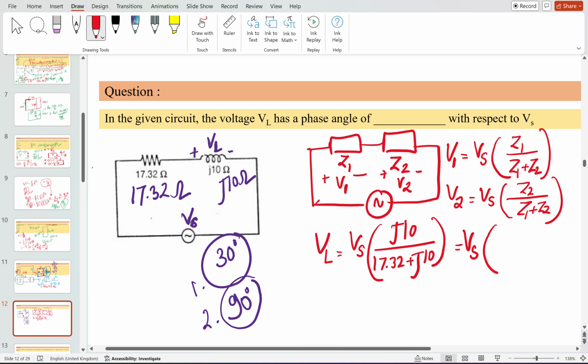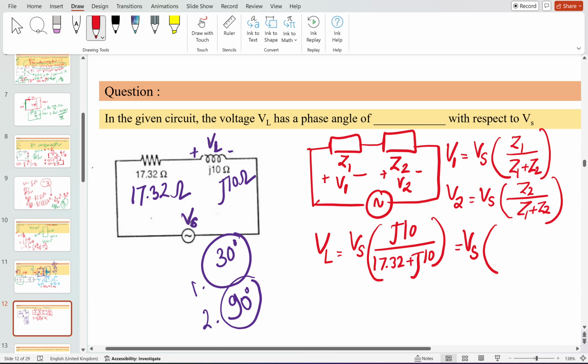What value is it coming? I'm taking the calculator. 17.32 plus 10 times I, 10 times I divided by that.